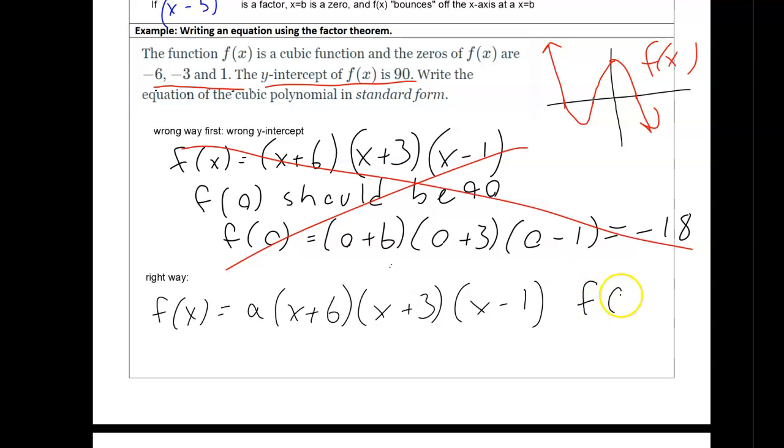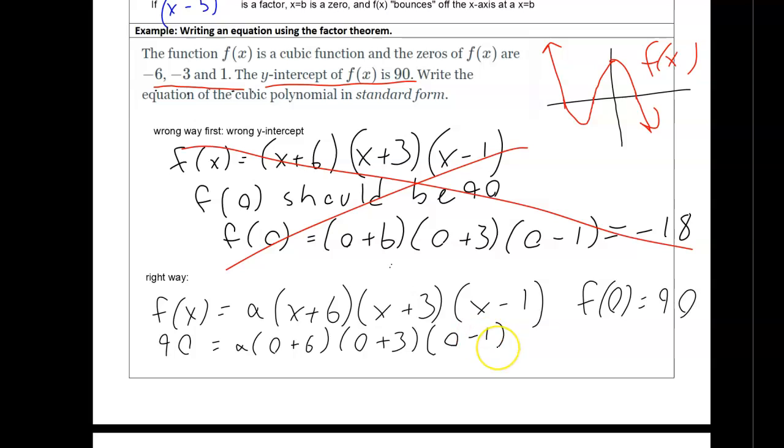So I know that f of 0 is 90, right? So I'm going to say 90 equals a times 0 plus 6, 0 plus 3, 0 minus 1. And this spits out now -18 times a.